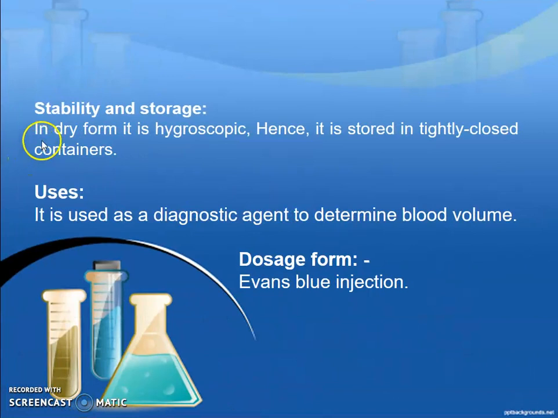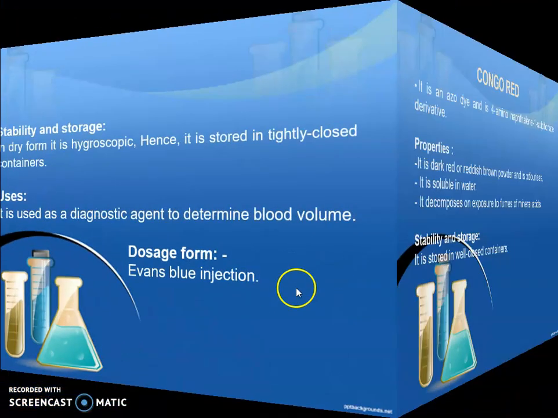Stability and storage: in dry form it is hygroscopic, hence it is stored in a tightly closed container. Uses: it is used as a diagnostic agent to determine blood volume. Dosage form: it is available in the form of Evans Blue injection.